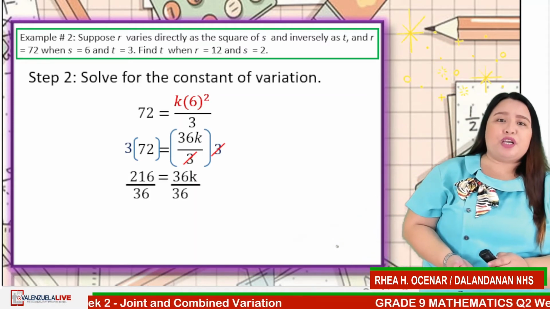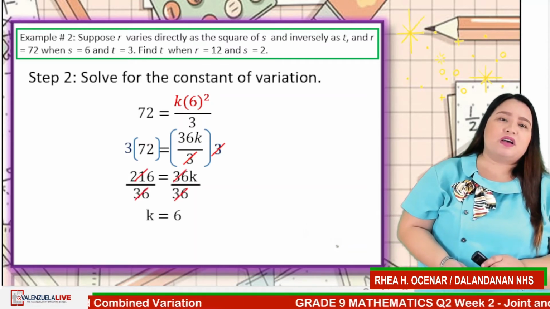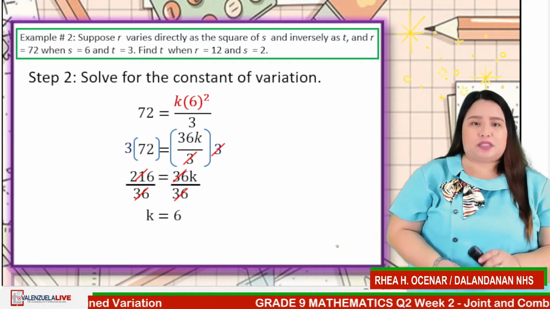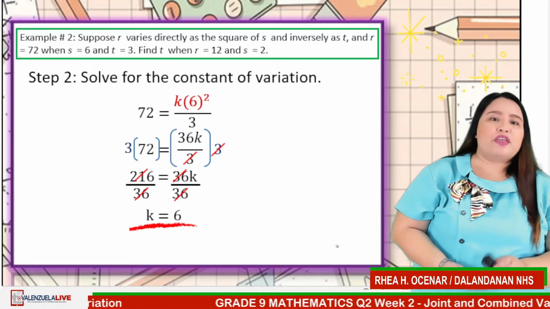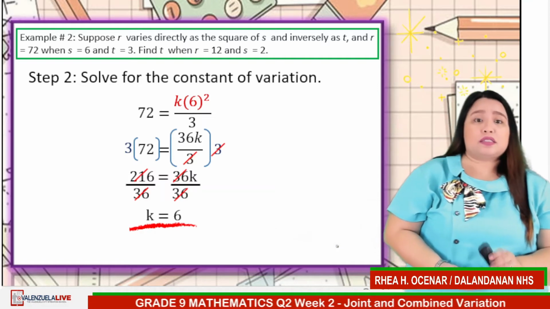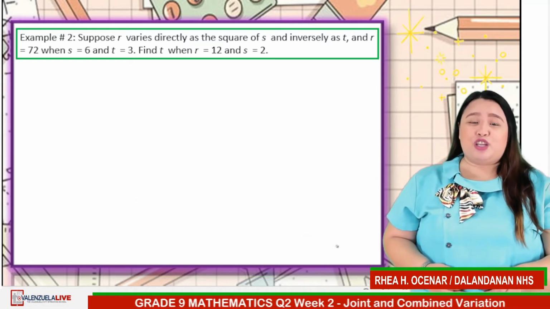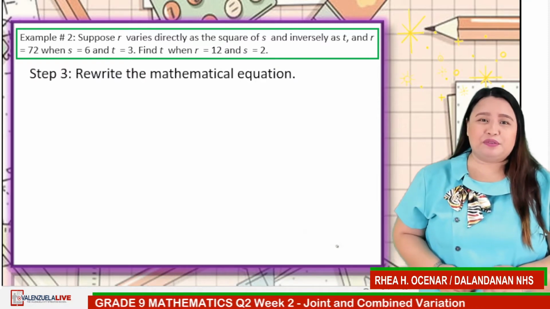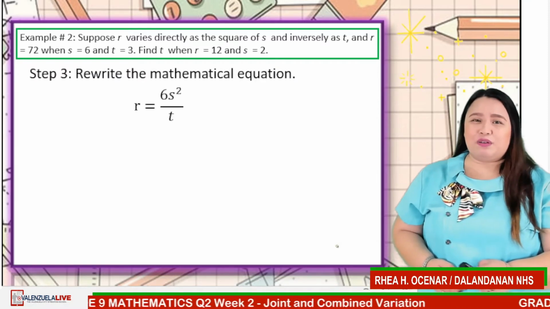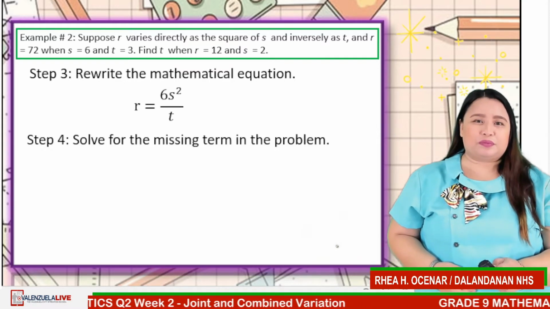Applying the multiplication property of equality, we have k is equal to 6. Therefore, our constant of variation is 6. Using this value, we have r is equal to 6s squared over t.